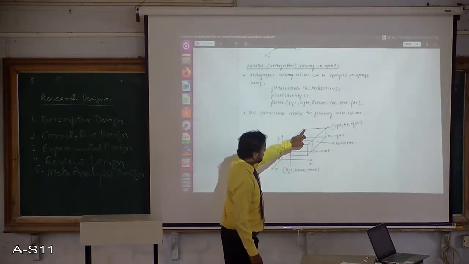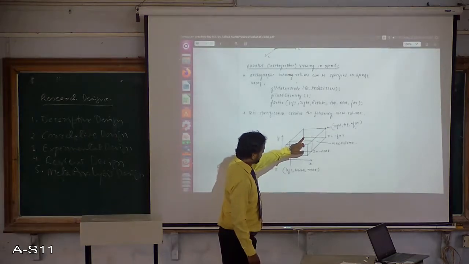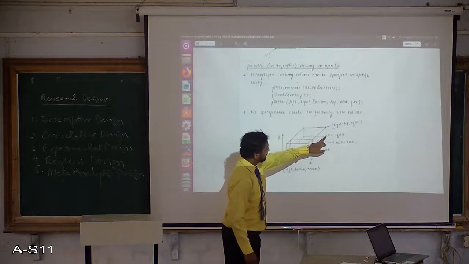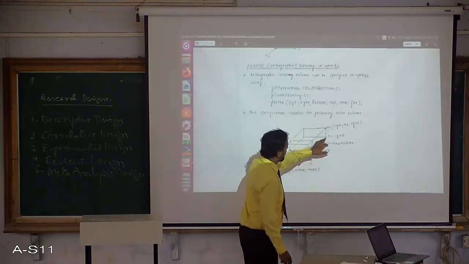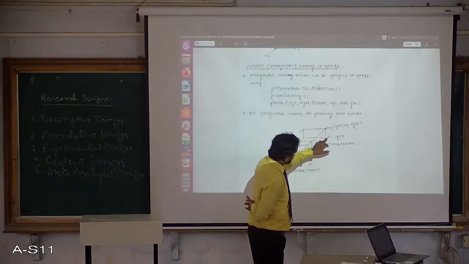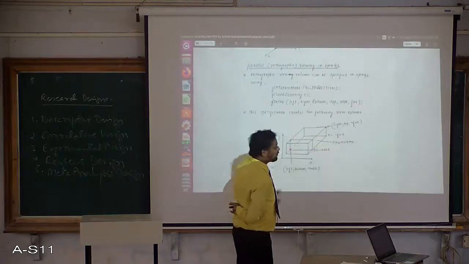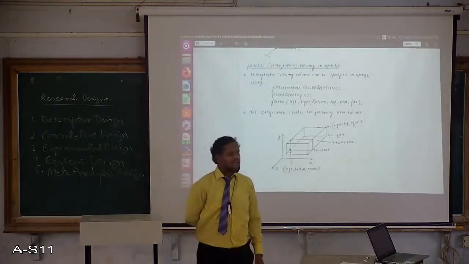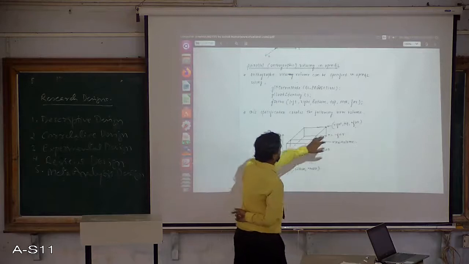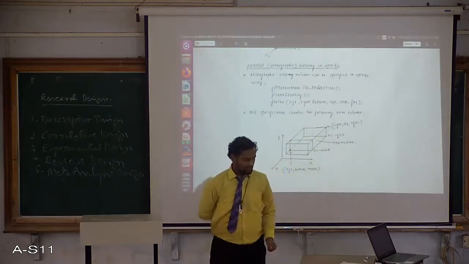This is left, top, far, and this is right, bottom, far, and so on. Every point has these values and you can identify it with these arguments. Next.